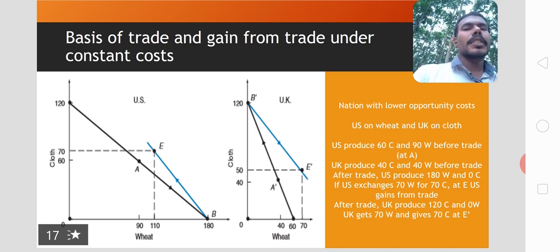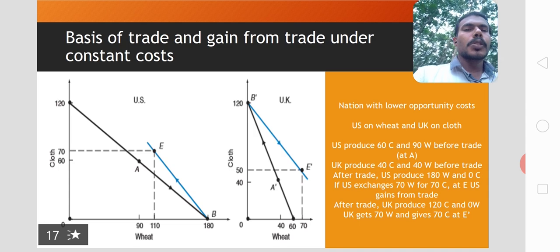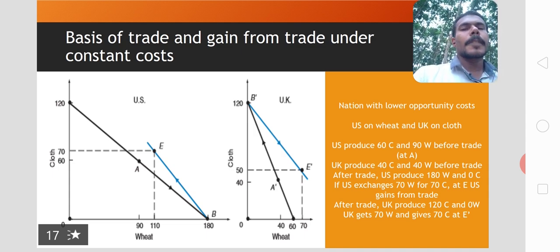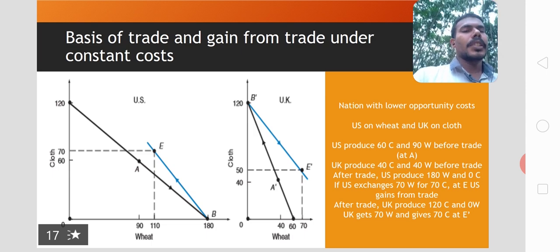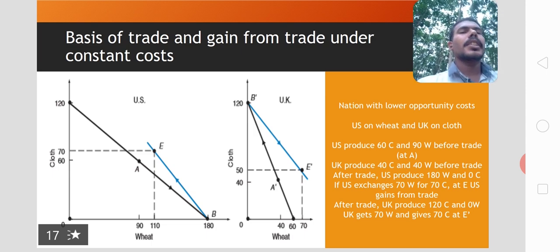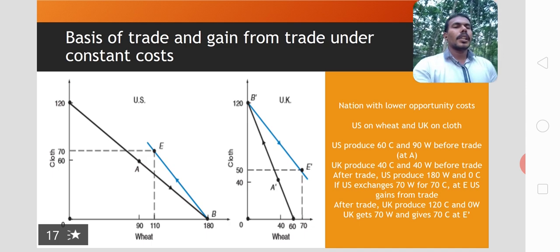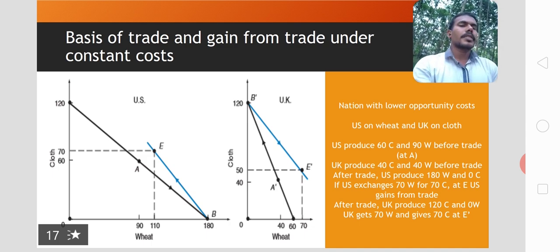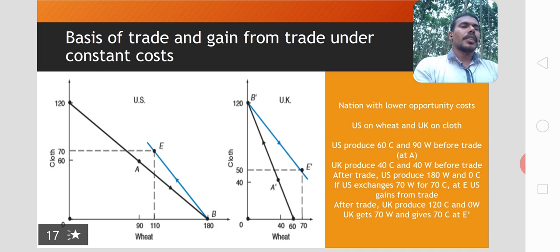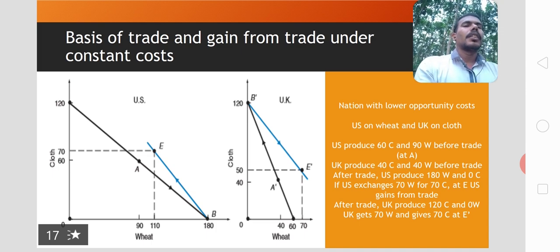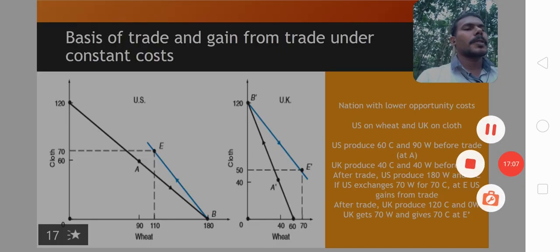That you can see in the first production possibility frontier, which belongs to the United States: 70 units of cloth is imported from the United Kingdom. So both nations gain as the consumption level of both nations increases after international trade, without any extra expense.